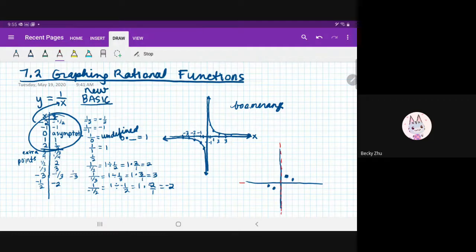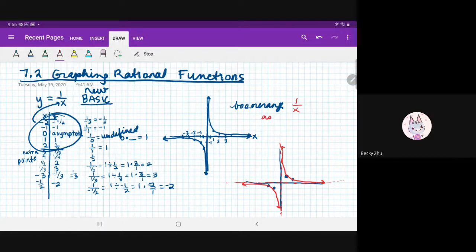But if I knew where these asymptotes were, and I remember it kind of looks like a boomerang, then maybe I could graph it with just those points. In fact, maybe I could graph it with 2 points and not 4 points. So the plan is to graph it by memorizing that 1 over x is a boomerang and trying not to graph too many points.